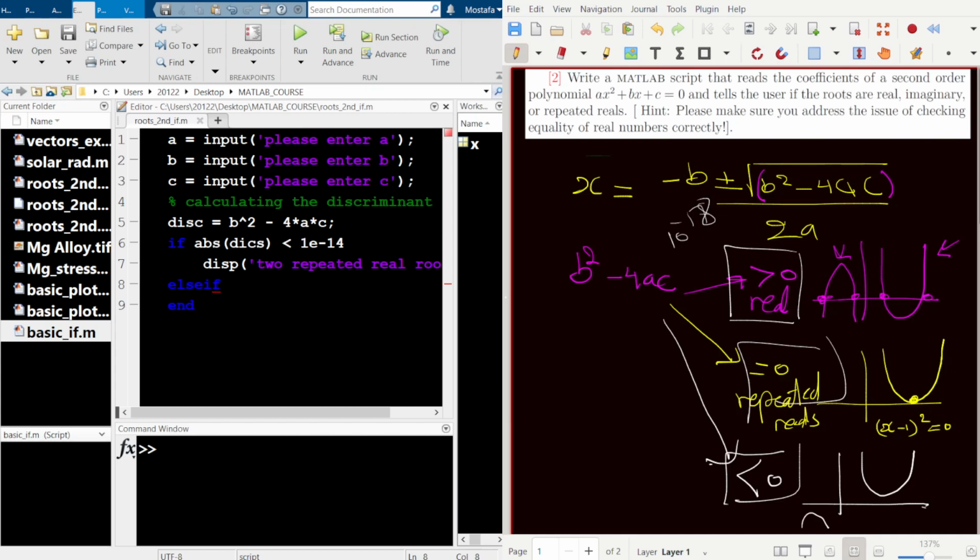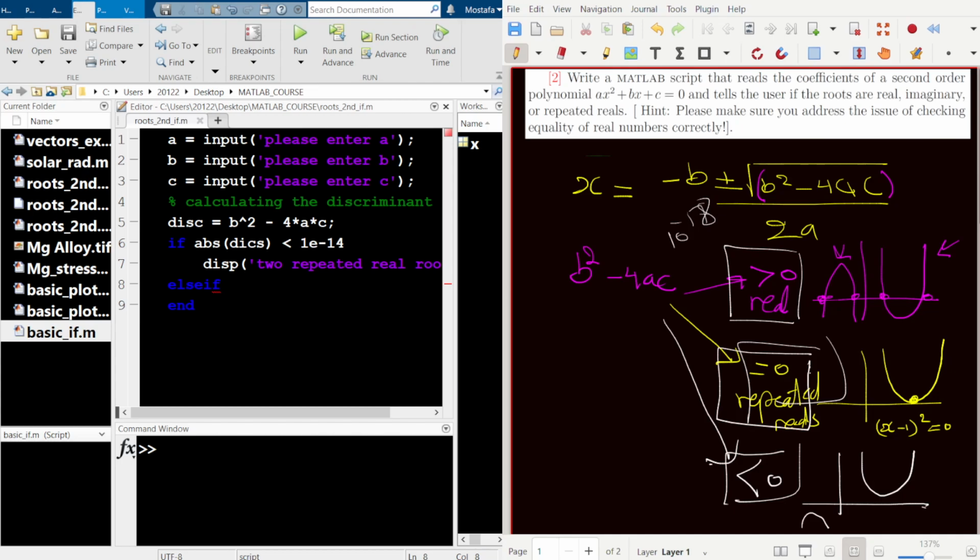This is within the accuracy of the computer, 0 for all practical purposes. Because of this, it is better to check the equality first. And this is a general rule of thumb for real numbers. If you want to branch out between greater, less, or equal to some number, it doesn't have to be 0, by the way, in another problem, then it's better to check the equality first, and then it doesn't matter to check positive or negative later.